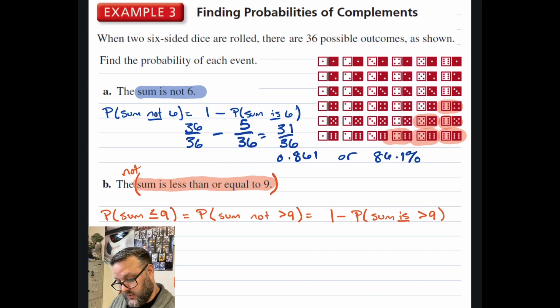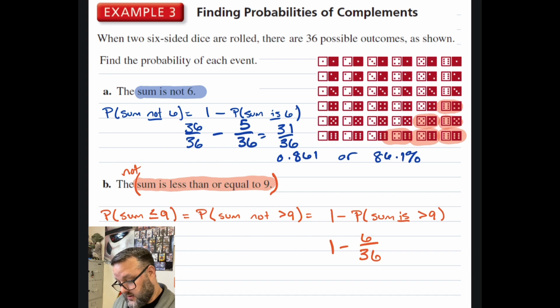Right there, we only have 1, 2, 3, 4, 5, 6. So if I take 1 minus the probability that the sum is greater than 9, I know there were 36 rolls and there were 5 of them. No, 6. 1, 2, 3, 4, 5, 6. Yep.